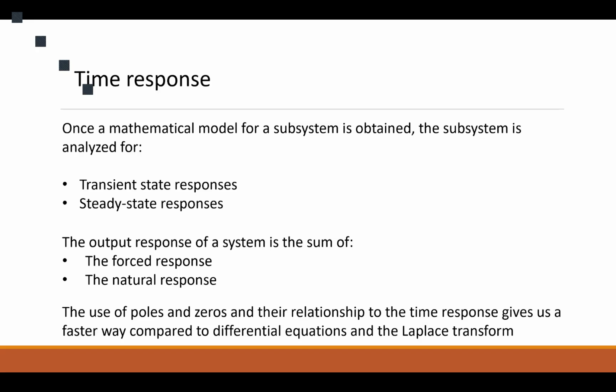You already saw that the transfer function of a system, especially when we have a complex system or a feedback loop, normally is in the shape of a numerator over a denominator. So we have two functions that are divided by each other, and it creates a transfer function.